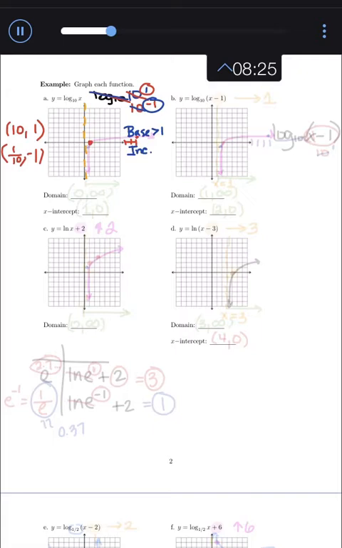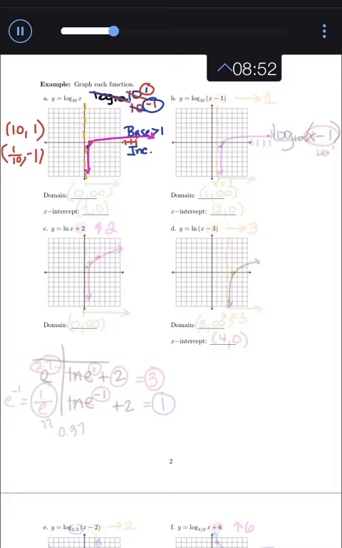So that means 1/10 spits out the value negative 1. And that's how you get that increasing graph that we normally get for our logarithms. And it will look something like that. It's not perfect, but that's it.